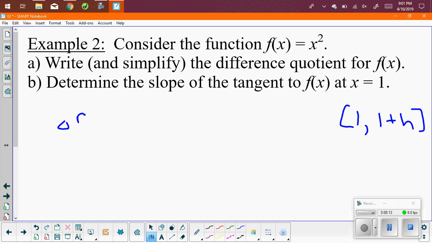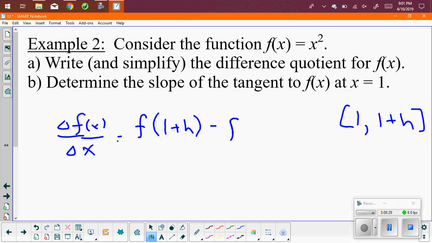If I want the change in my function, so change in f of x over the change in x, the way we run that through is I say, well, I want f of my endpoints, so f of 1 plus h, minus f of 1, over 1 plus h, minus 1.